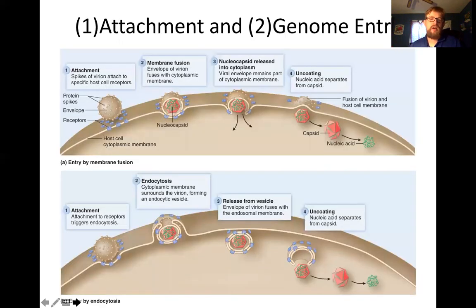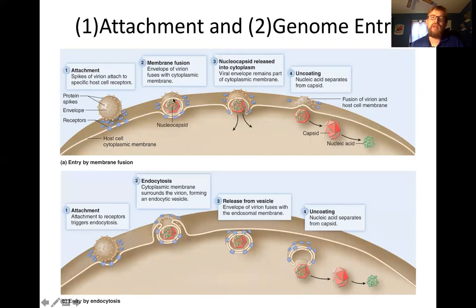And so here you see two types of entry into the cell. These are both enveloped viruses. Your first entry option is via membrane fusion, and your second option is via endocytosis. They look really similar. Here in membrane fusion, you can see the spikes find their target receptors.